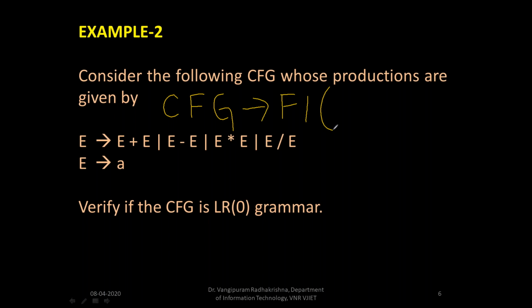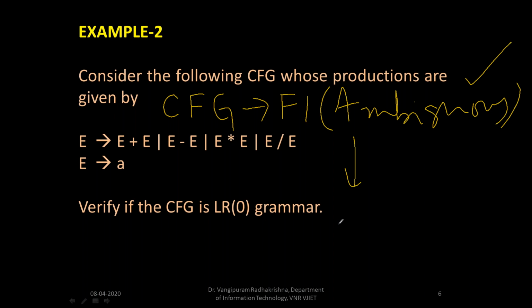Application of test 1 requires verifying if the grammar is ambiguous or not. If the given grammar is ambiguous, then you can directly deduce that the given context-free grammar is no more LR(0).